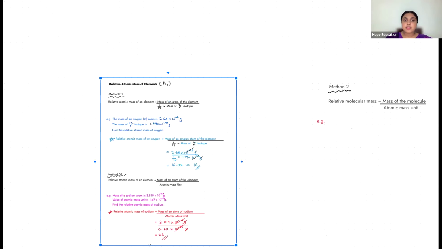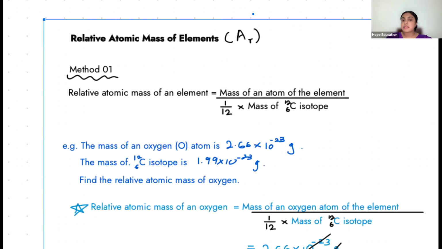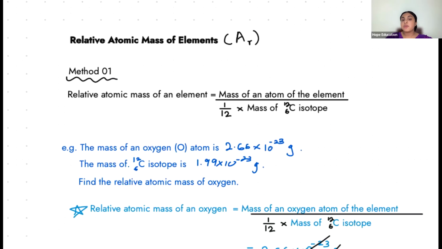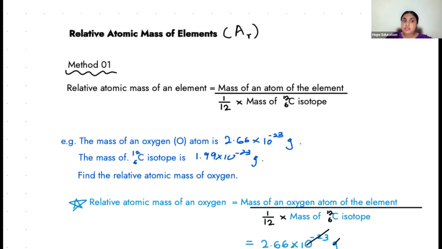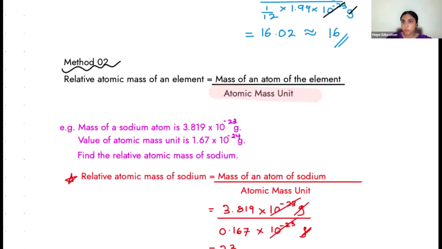Relative atomic mass of an element is mass of an atom divided by 1/12 of mass of carbon-12 isotope. That was method 1. For method 2, this part, 1/12 of mass of carbon-12 isotope, I can replace and write atomic mass unit. So that was method 2.